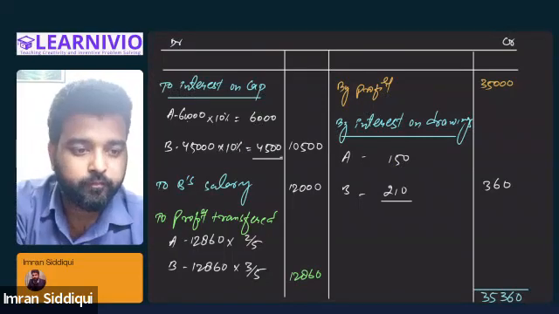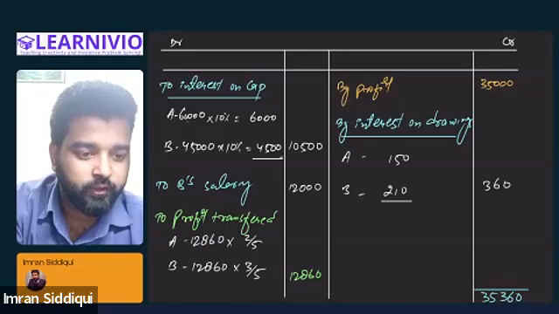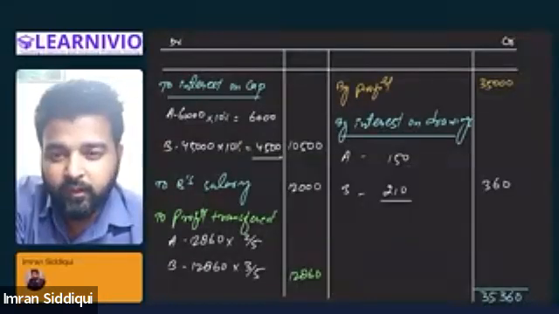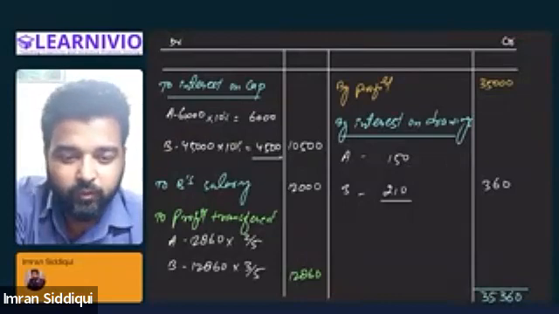Sir, won't it be 3/5 for A and 2/5 for B? Sorry? Sir, the profit sharing ratio is 3:2, so A will have 3/5, right? I don't know what's the problem, your voice is not clear to me at all.